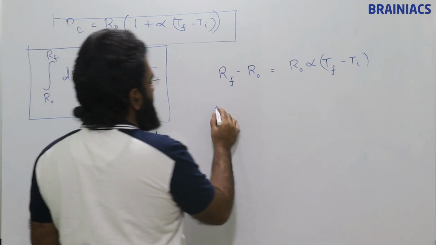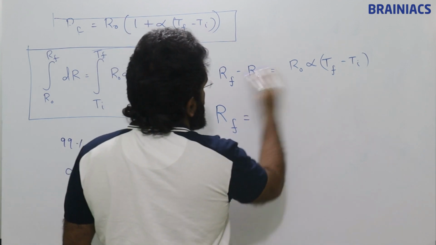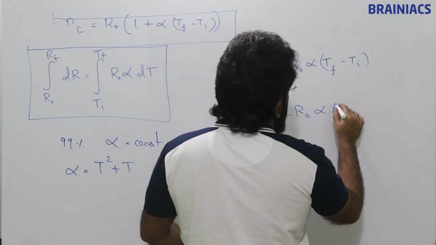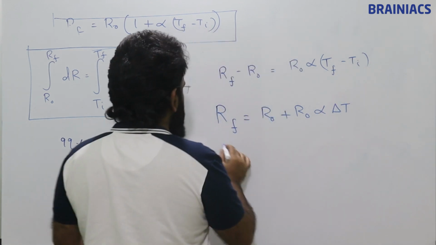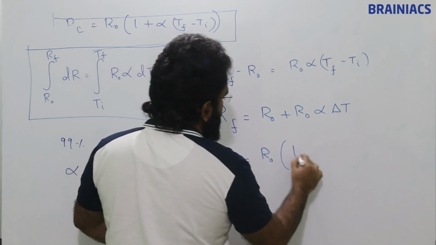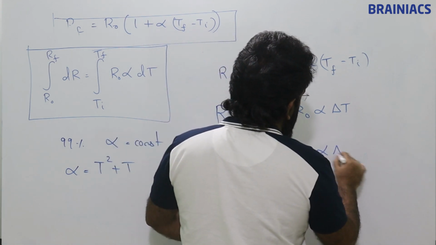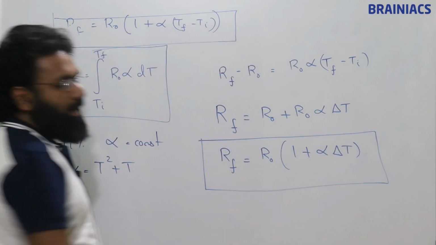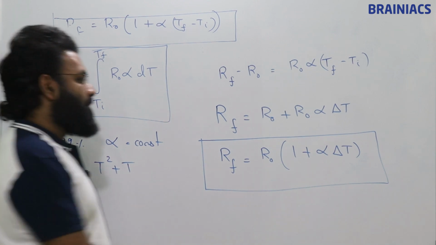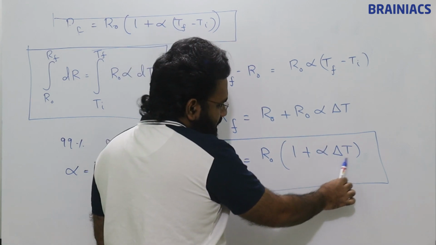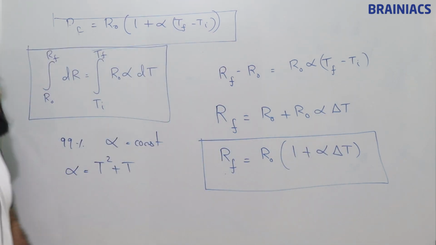So RF is equal to R0 plus R0 alpha delta T, where Tf minus T0 we take as delta T. Taking R0 outside, RF is equal to R0 times 1 plus alpha delta T. This is the formula concerned with the temperature dependency of resistance: final resistance, initial resistance, temperature coefficient, and delta T, whatever the change in temperature. Pause the screen and note it down.